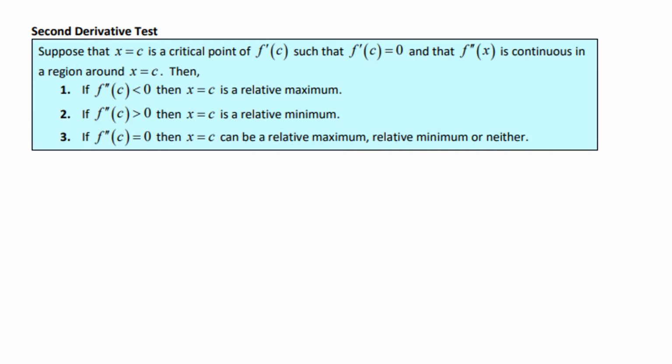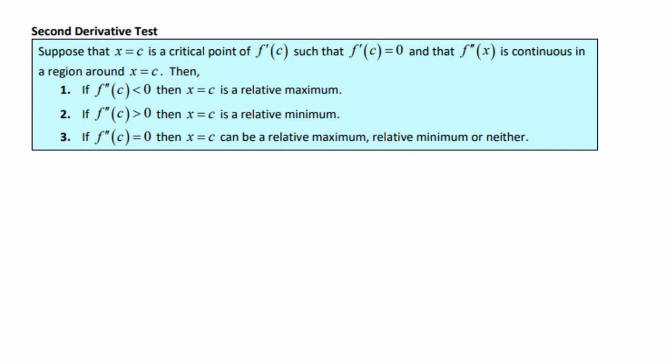So here are the ways we do it. If the second derivative evaluated at c is less than 0, that means concave down, then x equals c is a relative maximum. And if you think about the picture I drew last time, that comes directly from the picture as well.